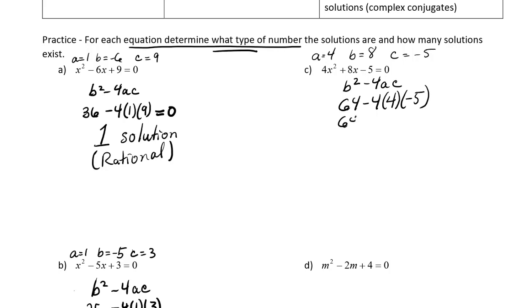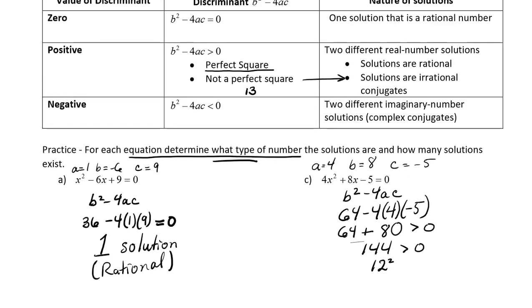This gives us 64 plus 80. If we add 64 and 80, we're clearly going to get a positive number, so this number is greater than 0. Now we need to determine if it is a perfect square. So if I add 64 and 80 together, I get 144, which is greater than 0. Since this 144 I know is 12 squared, it is a perfect square.